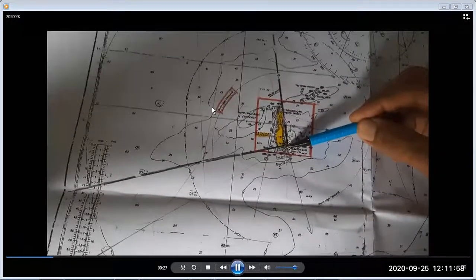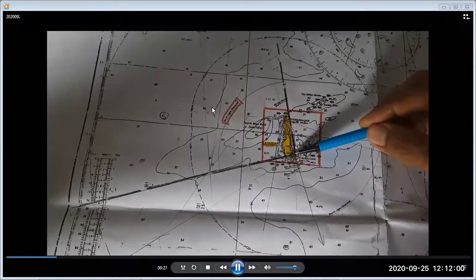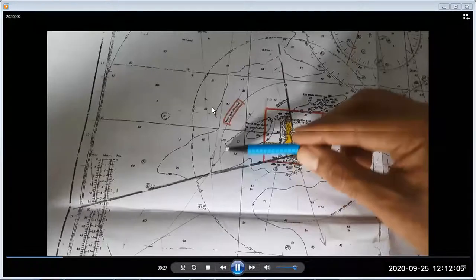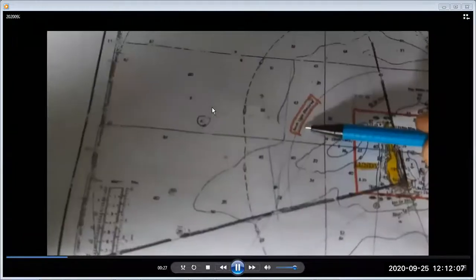First, this South Lundi lighthouse is marked with a sector where it is written South light obscured.